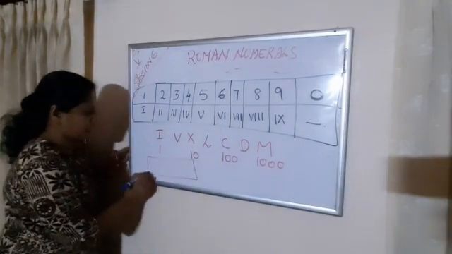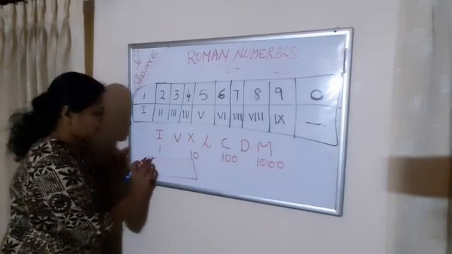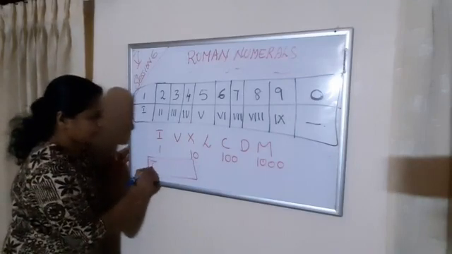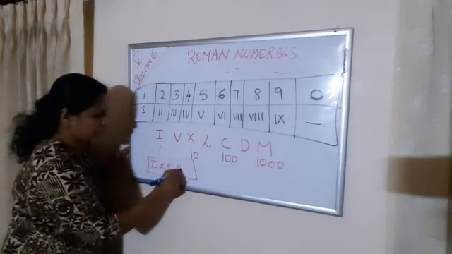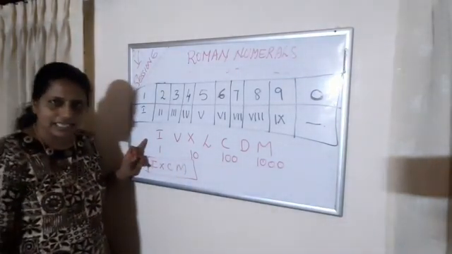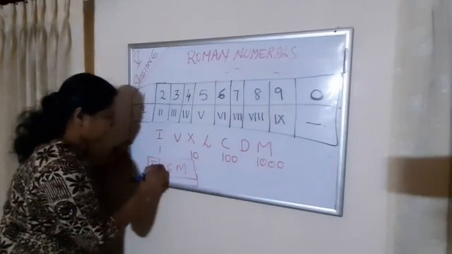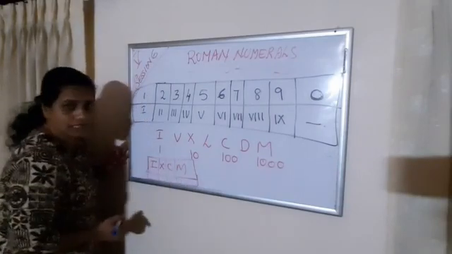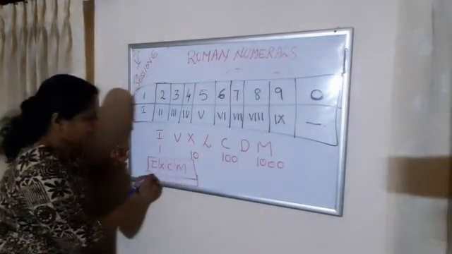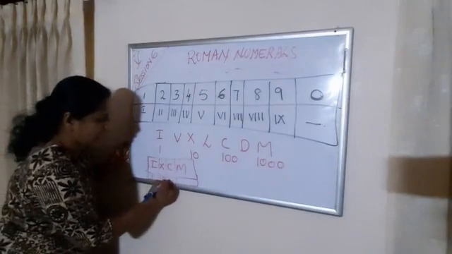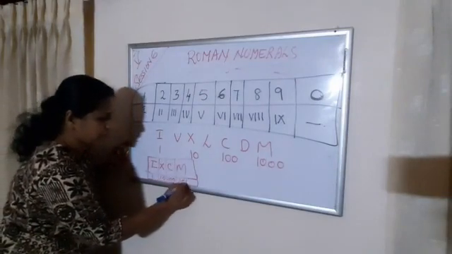I am making them special friends: I, X, C, M. So study this I, X, C, M very well. I, X, C, M means 1, 10, 100, 1000.